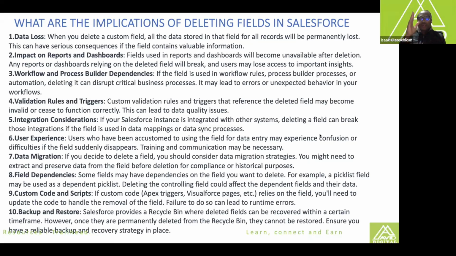That is simple. That is what they mean: custom validation rule and trigger that reference the deleted field will be invalid and will cease to function correctly. Just like the validation rule we built on our end dates, if somebody deletes the end date as a field, the validation rule doesn't have that field to work on. That means it renders it invalid immediately.